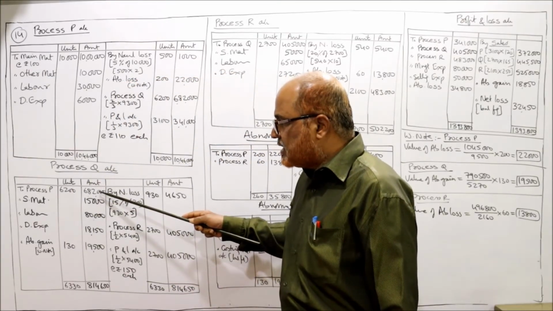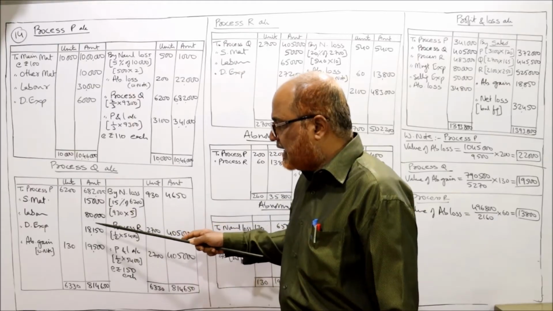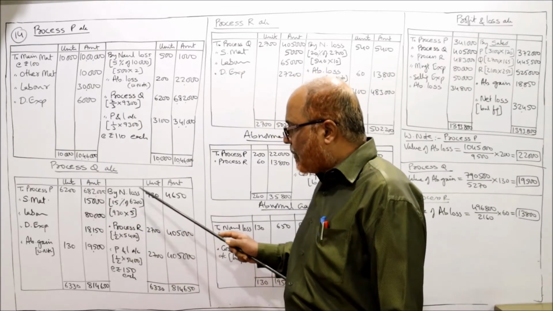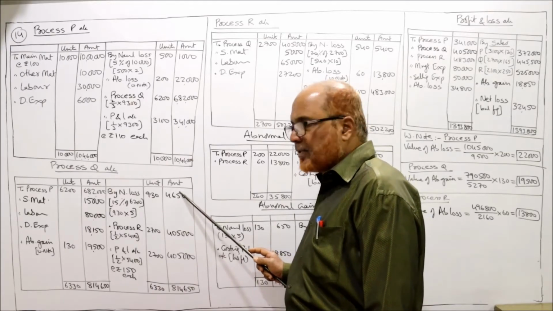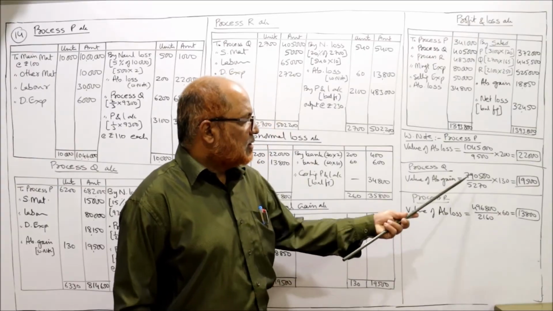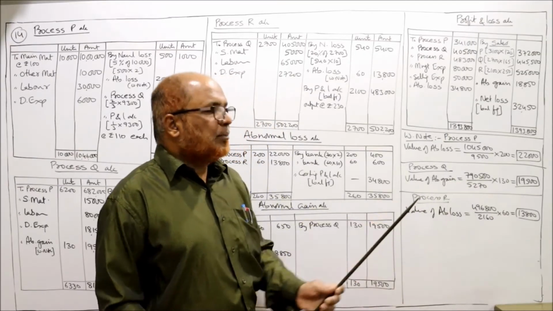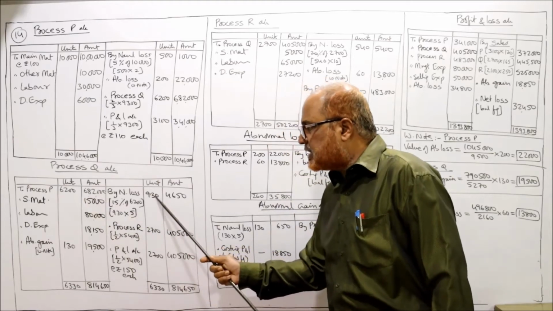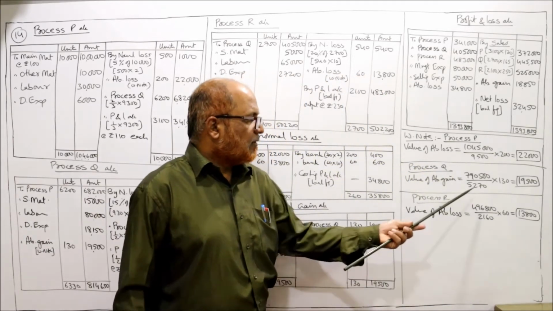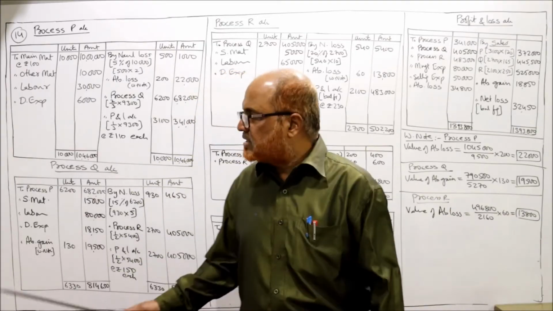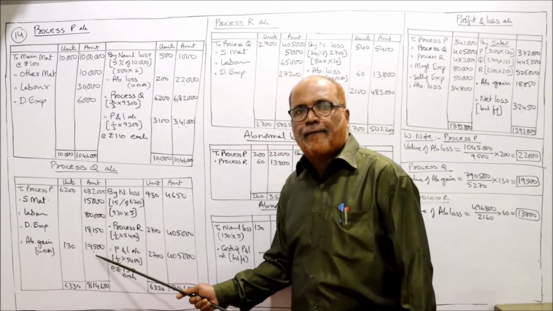Add up the four amounts, 6,82,000 plus 15 plus 80 plus 18,150, minus 4,650. You will get the normal cost 7,90,500. Divide by normal output, 6,200 minus 930, which is 5,270, into 130. So 19,500 is the value of abnormal gain.